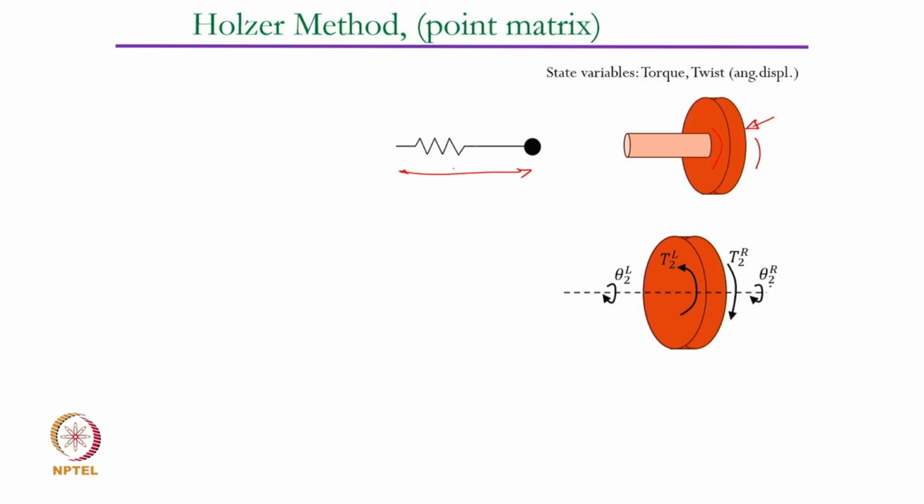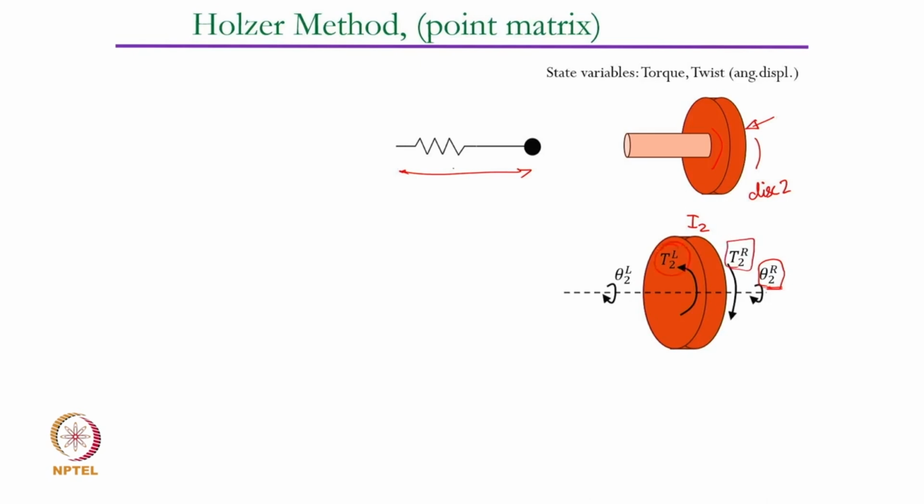So let's say this is disk number 2 and segment number 2. This is going to have inertia which I can write as I2, and the twist on the right side of this inertia is going to be theta 2R, and the corresponding torque on the right hand side is T2R.